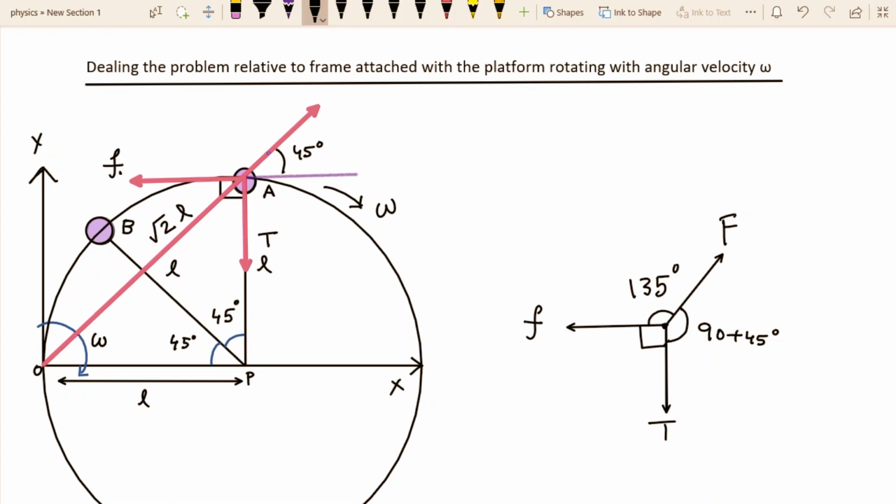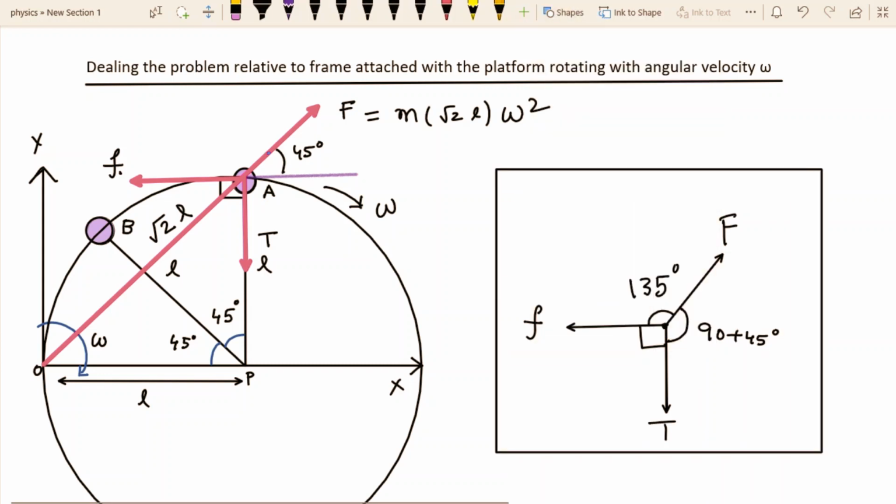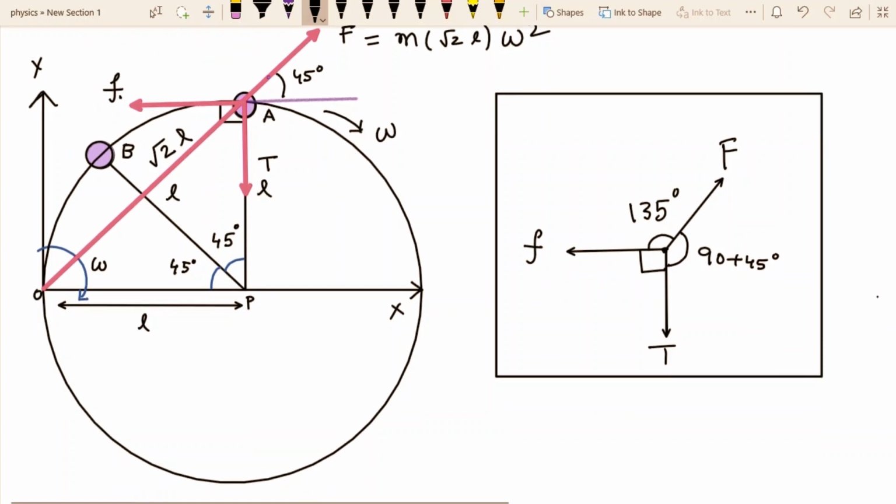That force is the centrifugal force, and its expression is F equals m into square root 2 into L into omega square, where omega is the angular speed of rotation of the platform. So you can clearly see the three forces, and the angles between them are represented in this diagram.